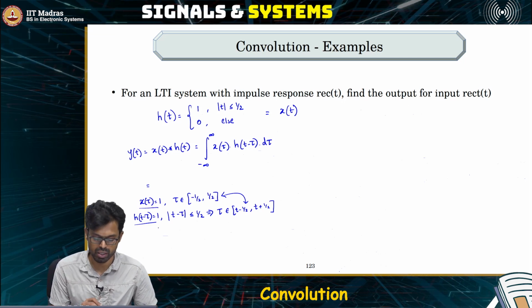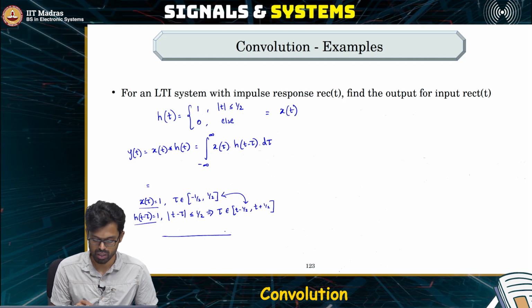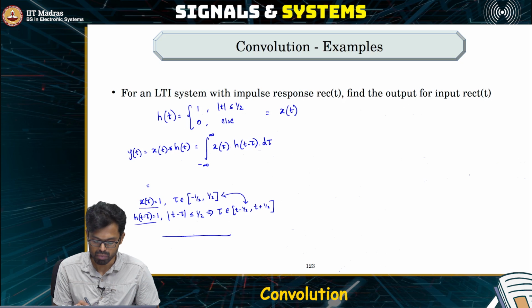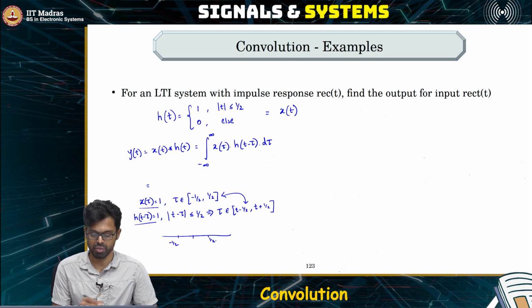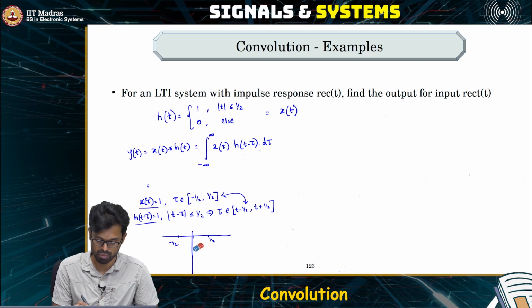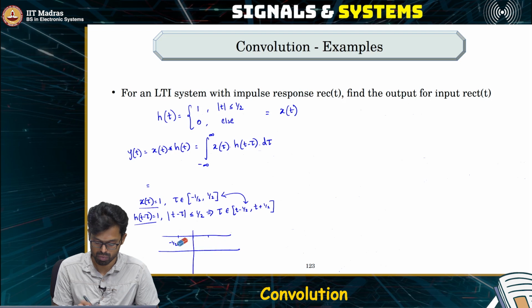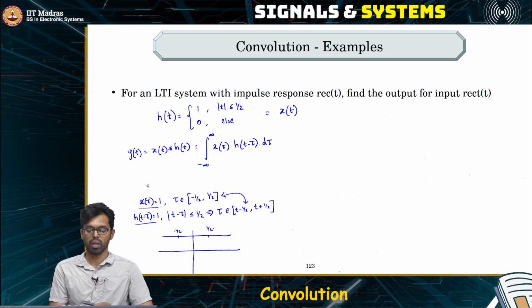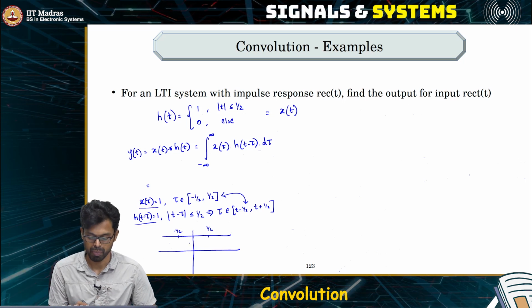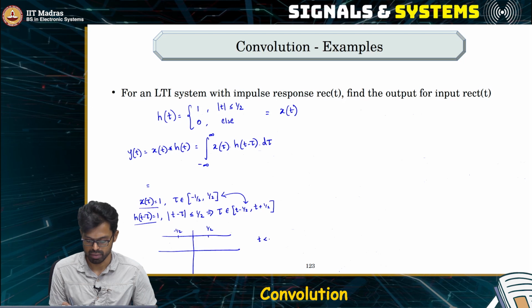So what is the intersection of this region? Let's see how it looks. We know that minus half to plus half is the first region. The next region, let's say t is now negative.